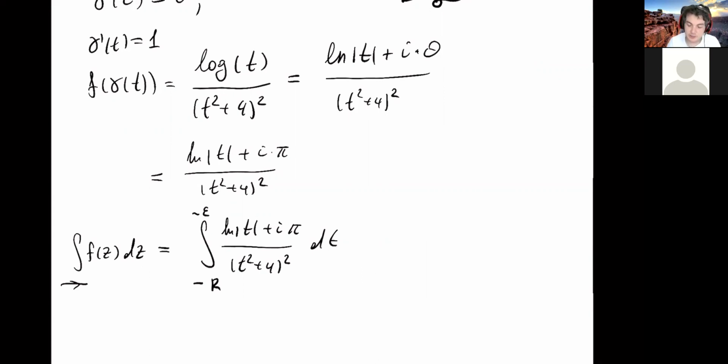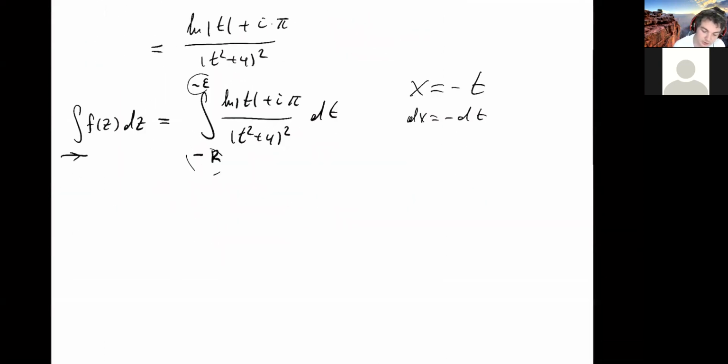And now I can make a change of variables, a u substitution, or rather an x substitution. I will plug x equal to minus t. Then dx is minus dt. And this limit will become plus r, and this limit will become plus epsilon.